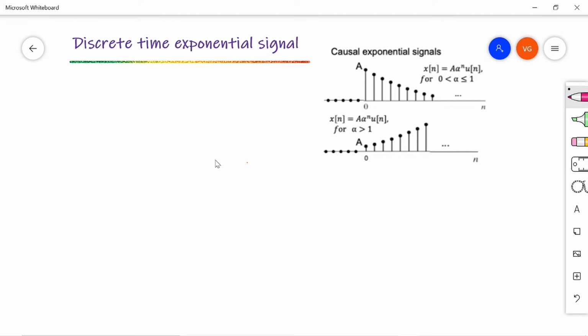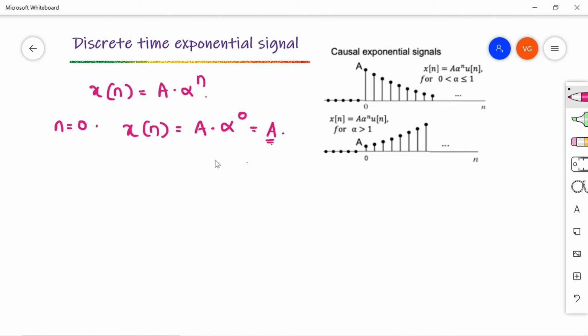And the next signal here is the discrete time exponential signal. This exponential signal is defined as x of n is equal to a into alpha to the power n. Let us see how the signal will be. Suppose n is equal to 0. That means x of n is equal to a into alpha to the power 0. Anything to the power 0 is 1, so this is nothing but a.